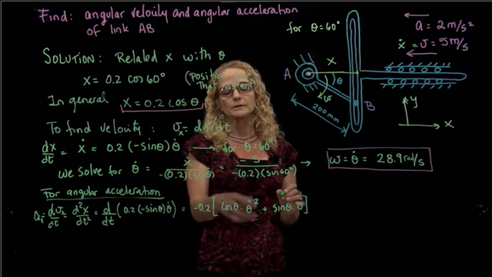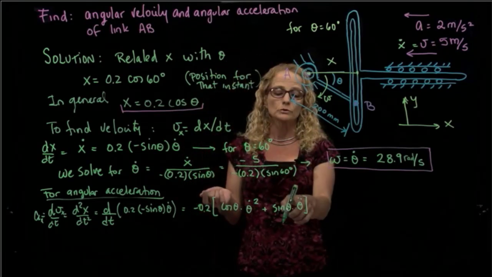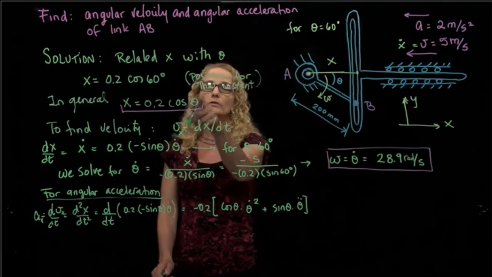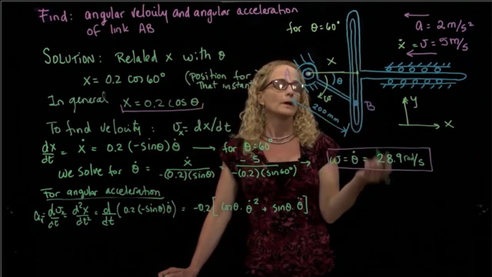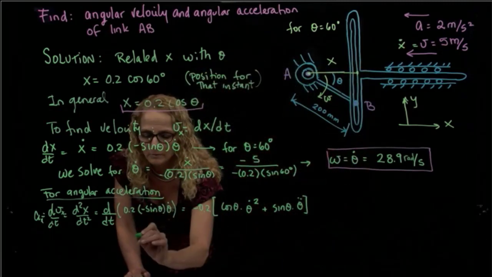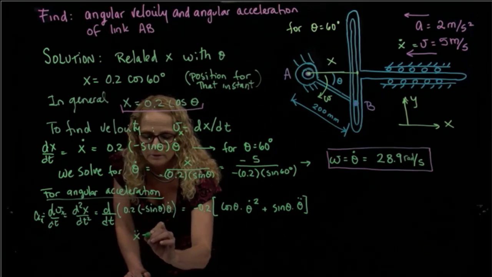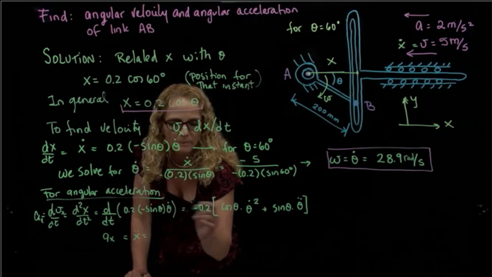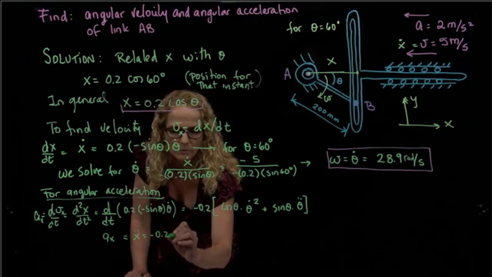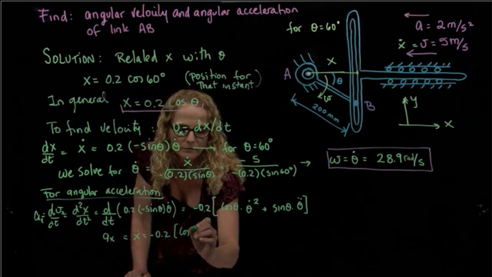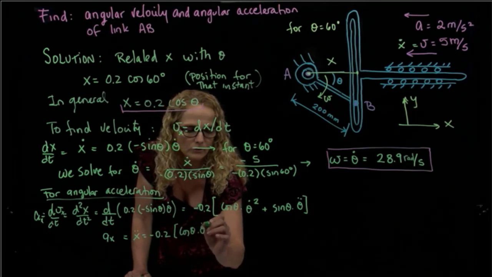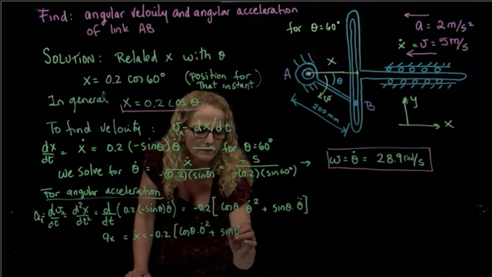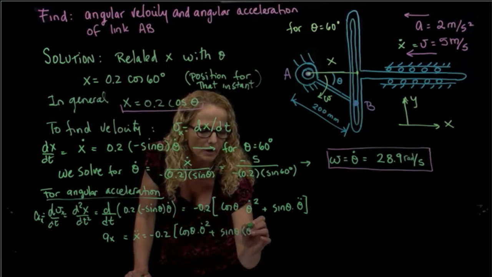That expression is the one I will use to solve for the angular acceleration. So x double dot, the acceleration in x, equals negative 0.2 times cosine theta theta dot squared plus sine theta times theta double dot.